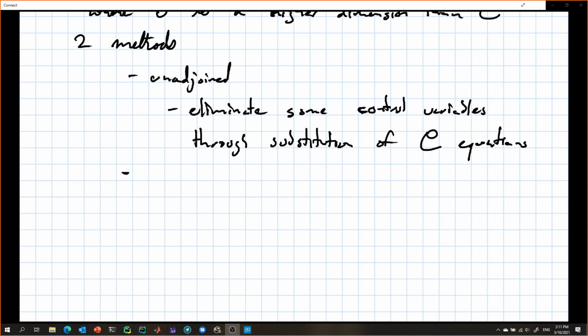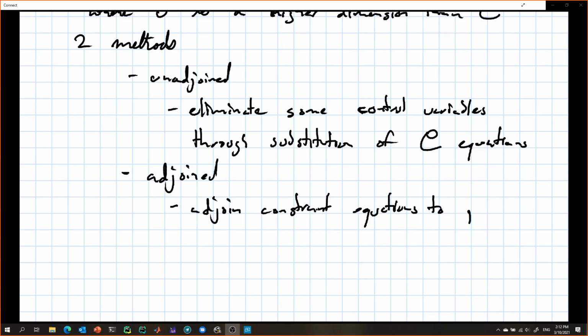But what we're going to show here is the adjoined method, in which, of course, we adjoin constraint equations to path cost.